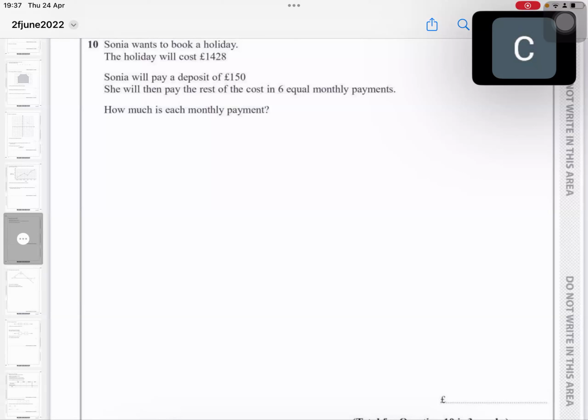So the first thing would be to subtract her deposit, right? Yes. Okay.